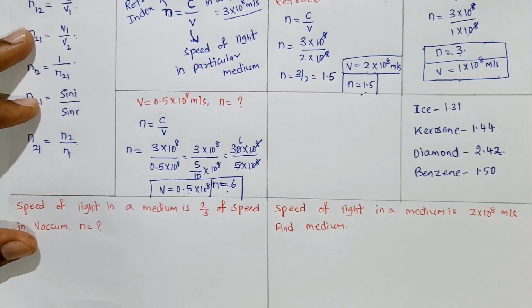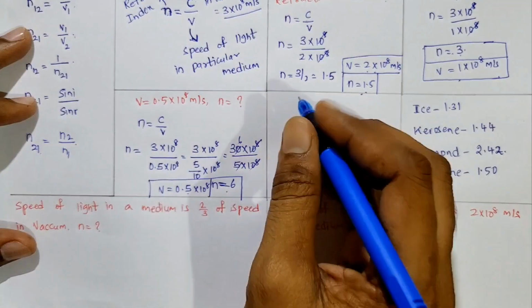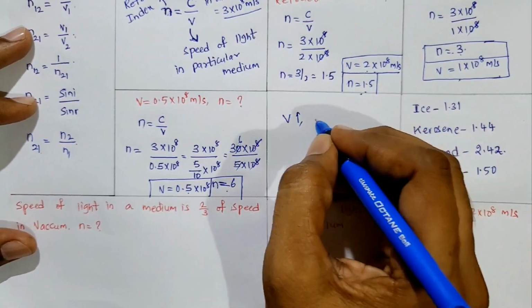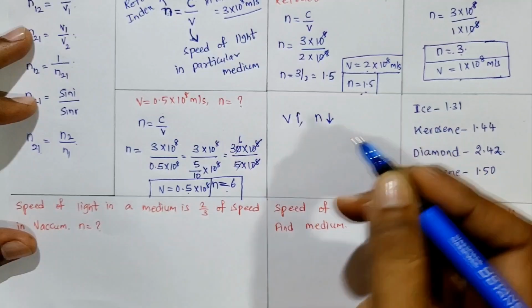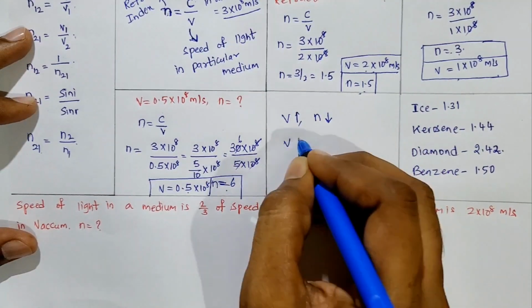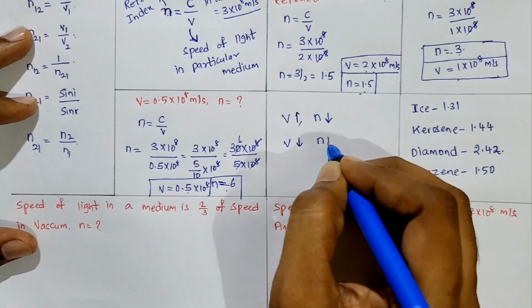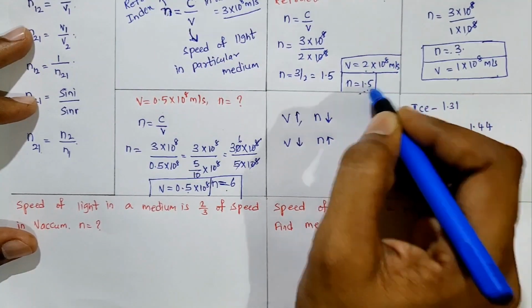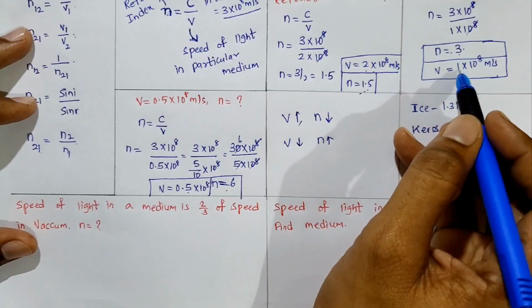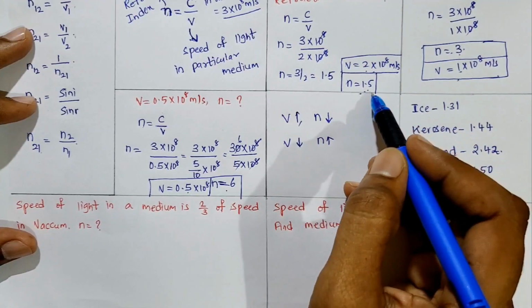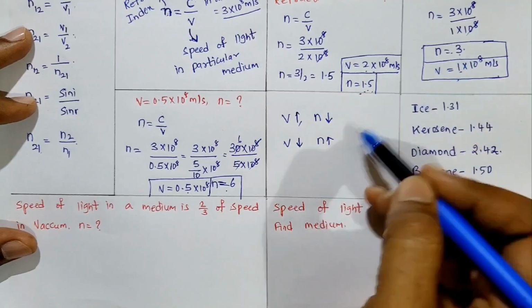We need to understand that if v value is increasing, n value is decreasing. If v value is decreasing, n value is increasing. v is 2 into 10 power 8, n is 1.5. v is 1 into 10 power 8, v decreased, n 1.5 to 3 increased.